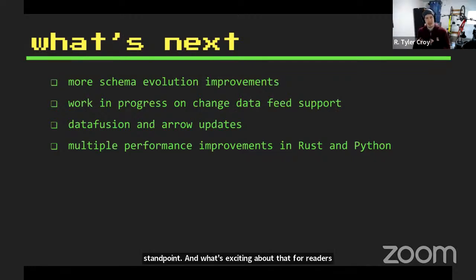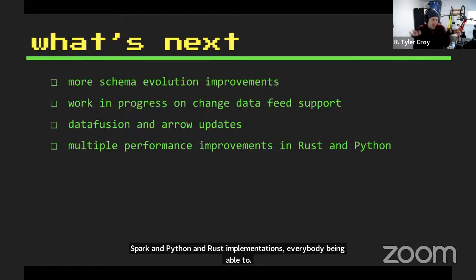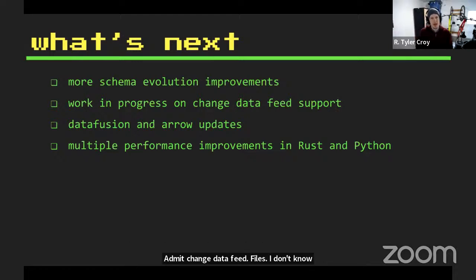And what's useful about that for writers is, as you have these multiple Spark and Python and Rust implementations, everybody being able to emit change data feed files, or however I would refer to them, emit those changes, brings the whole ecosystem up in terms of writing Delta with Delta RS and Python.